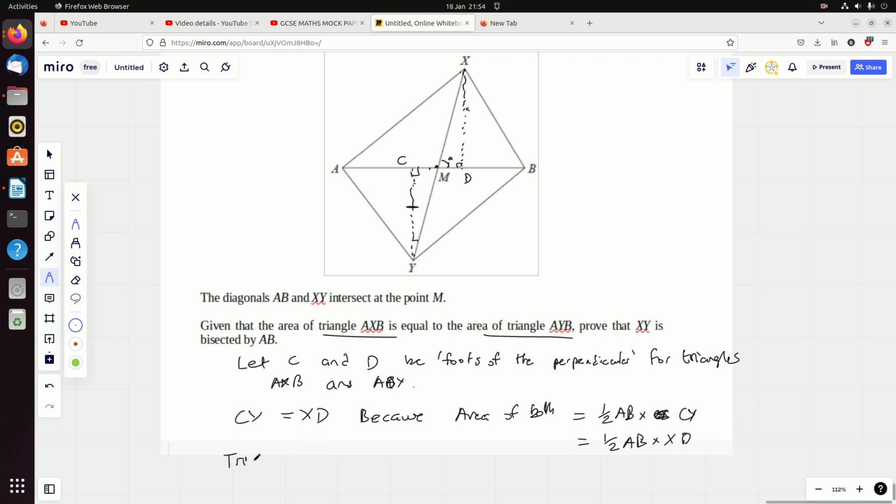Triangles CYM and MXD are congruent by AAS, since CMY equals XMD. That's the angle.